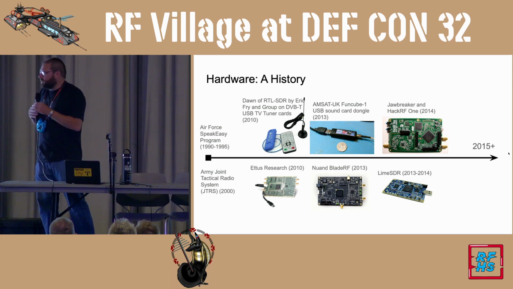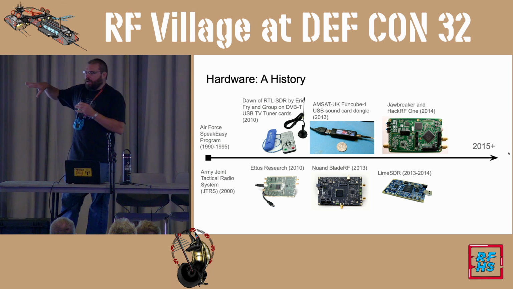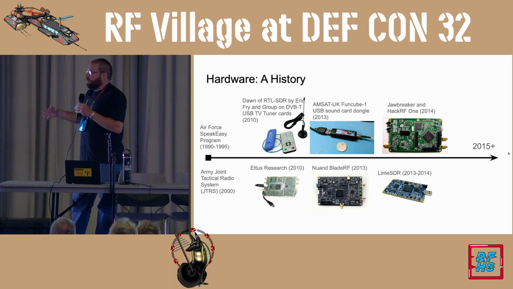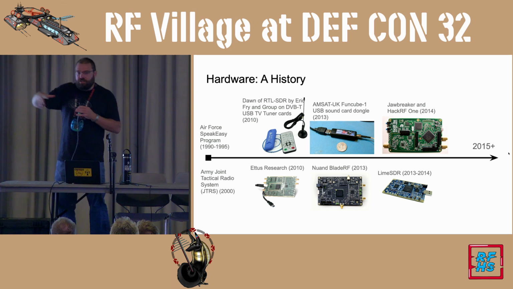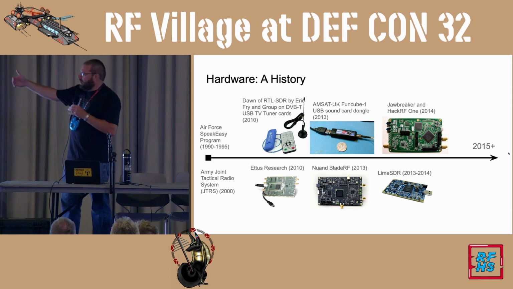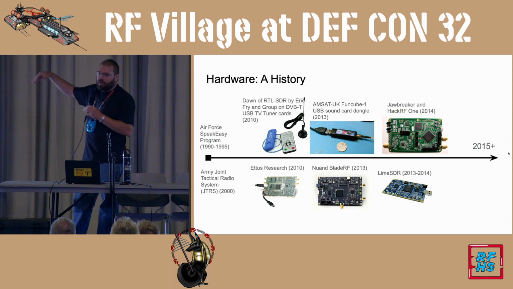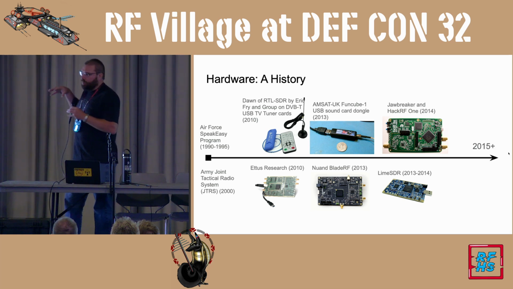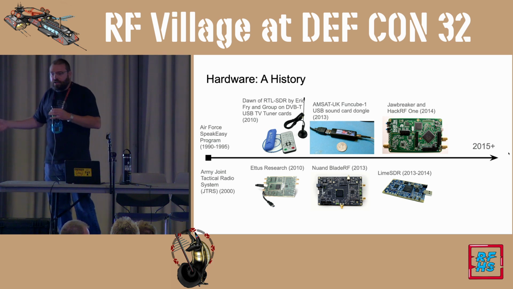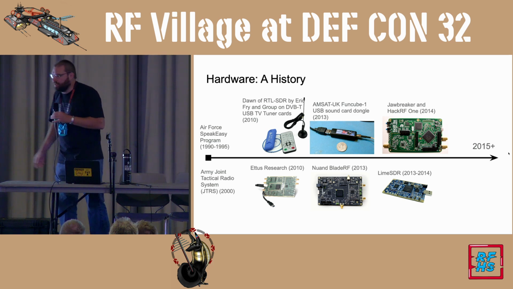Of course, those radios were hundreds of thousands of dollars, millions of dollars, billion-dollar programs. So again, outside of our budget for playing the Capture the Flag, but you'll see a lot of the things from 2010 up until now are all based on what I can do for under $1,000. You're going to see a lot of these radios are a couple hundred dollars, the RTL SDRs $40, $30.